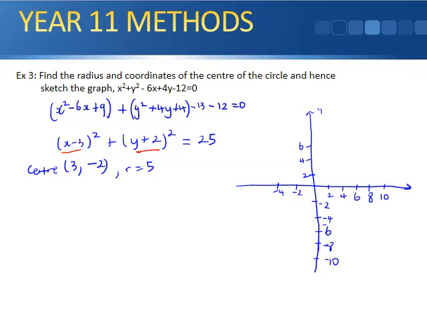Now marking everything in, centre first, 3 and negative 2 is right there. If I go another 5 for the radius, it's going to get me to 8. If I go 5 up, that's 2, 4 and 1 more. That will be at the positive 3. If I go left, that's 2, 4 and that will be at the negative 3. And if I go 5 down, 2, 4, that will be at the negative 7.